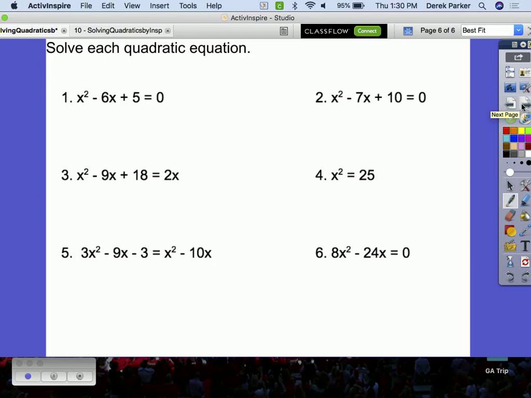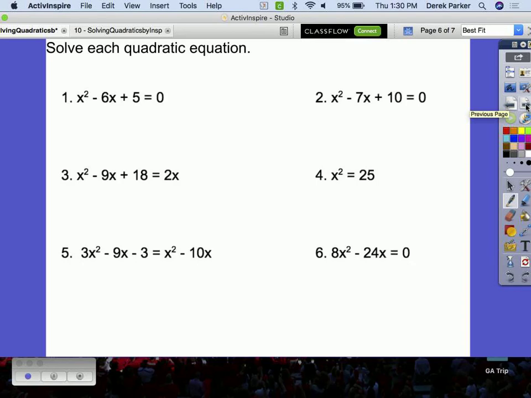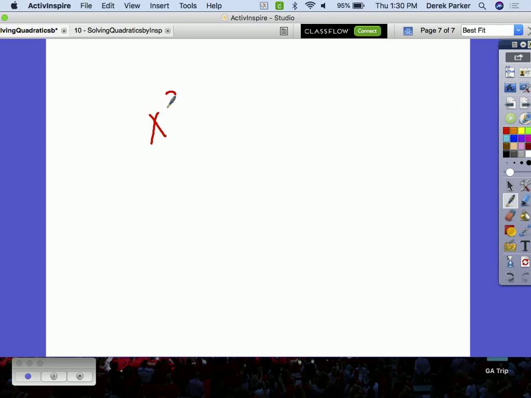First one, x squared minus 6x plus 5 equals 0. Okay, so our first step, make sure it's equal to 0. It is. Next step, factor.